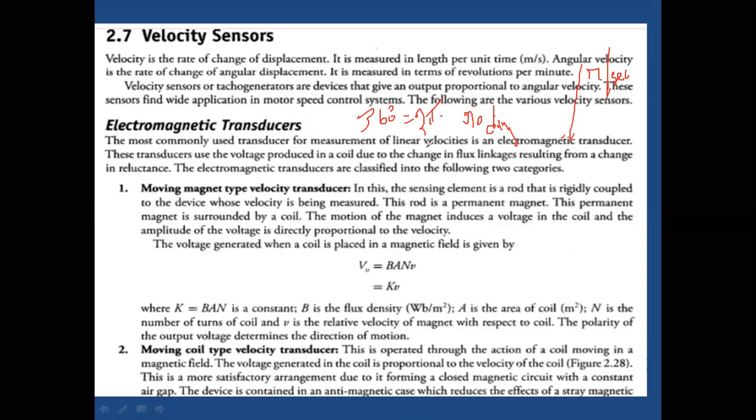Then these are the electromagnetic transducers. What is the difference between a sensor and a transducer? Let me describe. Suppose I need to measure this distance through some sensor.